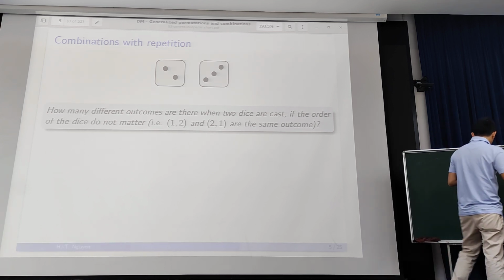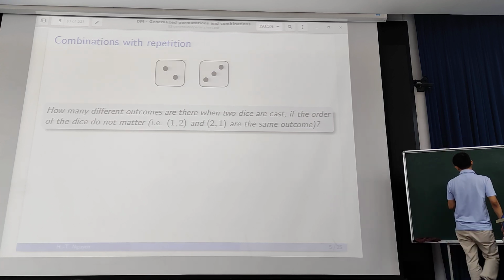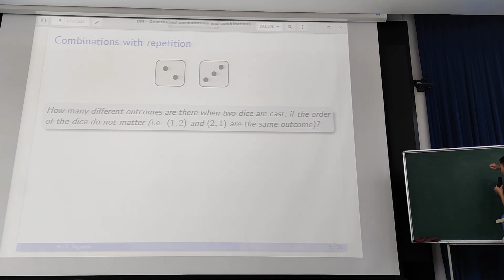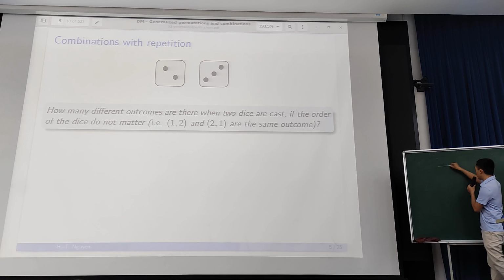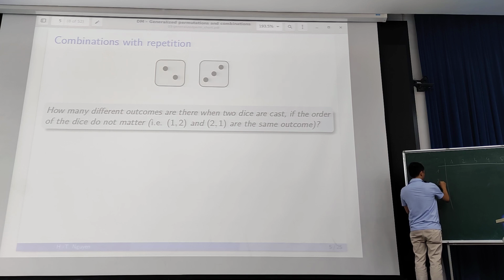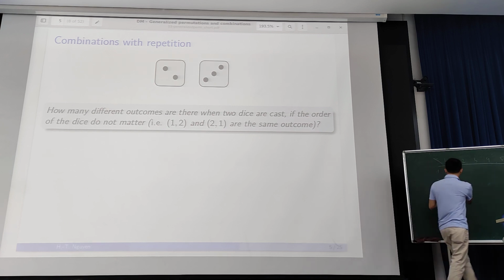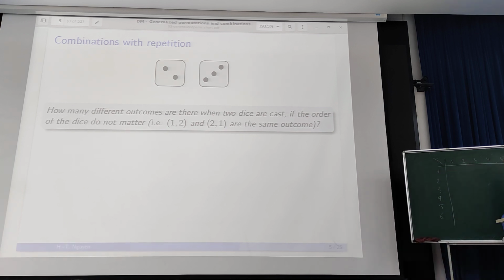For easy visualization, you can draw a grid, a table. On one side you have 1, 2, 3, 4, 5, 6, and on the other side you have the same. Let's say that this will be the result of the first try, and here is the result of the second try.